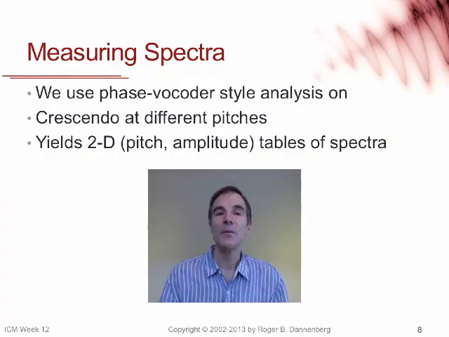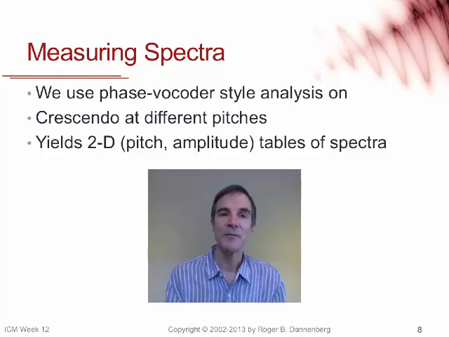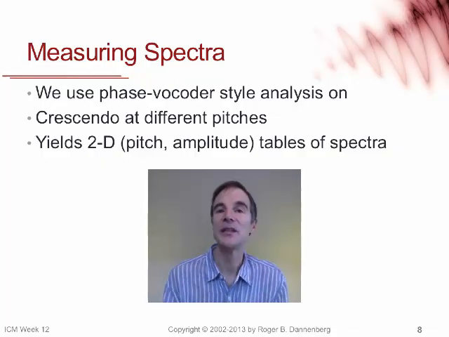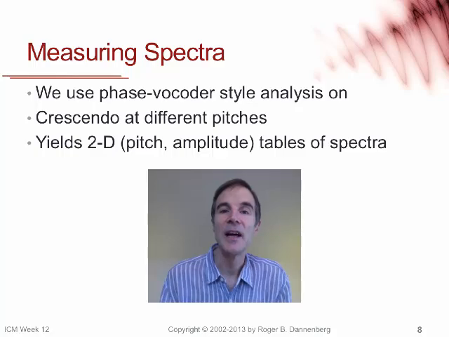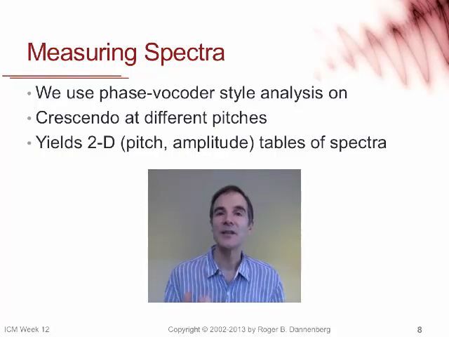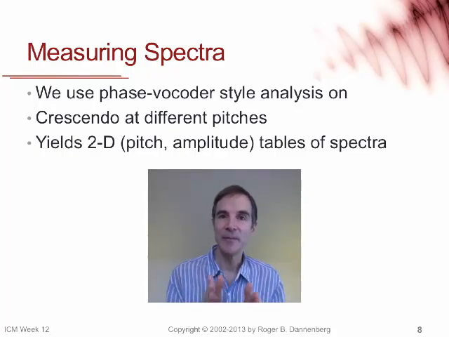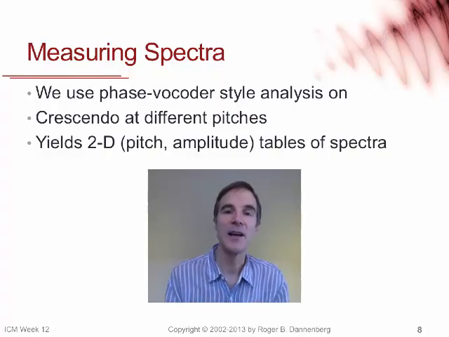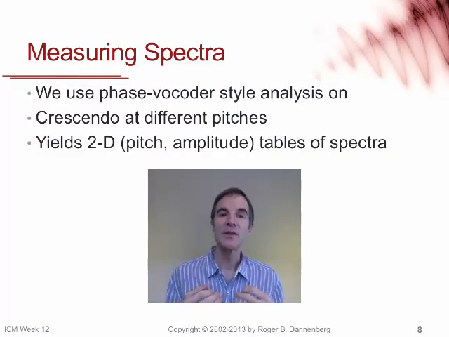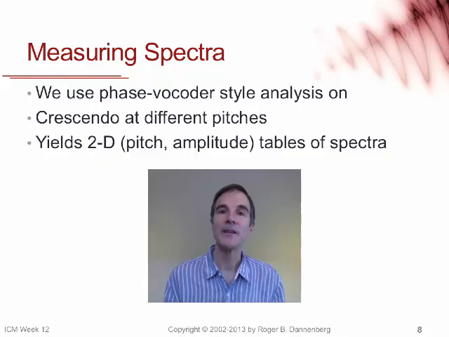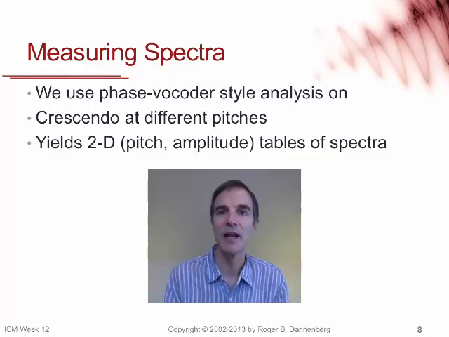So then the question might be, how do we find the spectra that we load into this grid of tables? Well, what I've done, with my colleagues, is we use a phase vocoder style analysis to analyze the strength of each harmonic in a sound. And for the sound, we do a crescendo at different pitches. So you'll hear some trumpet examples later.